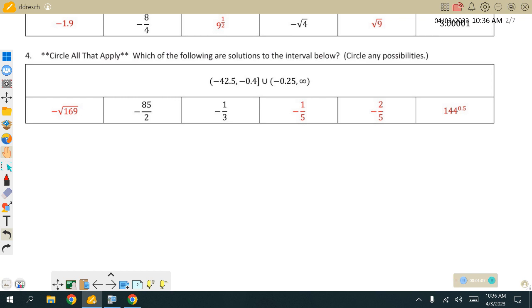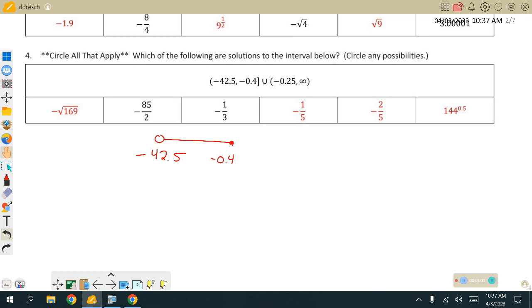If I didn't give that to you, all right, that first interval just means we've got solutions going from negative 42.5, which is a parenthesis, so that's open, over to negative 0.4, which is a bracket. So right now we have solutions, everything right there.